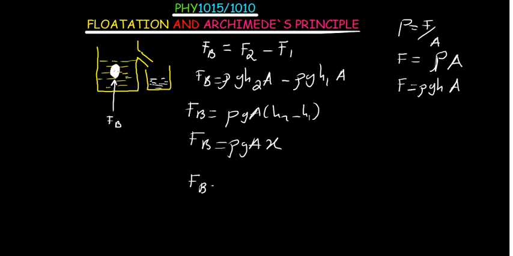And we know that density is mass over volume. Therefore mass is going to be density times volume. So where there is density times volume, what are we going to substitute? Here we have first area times x.